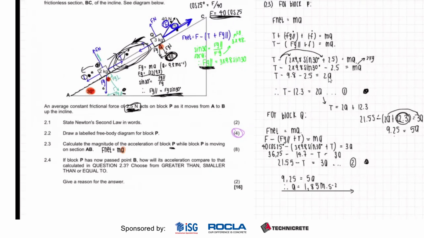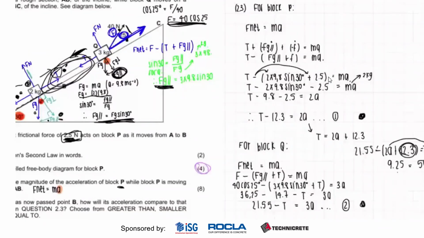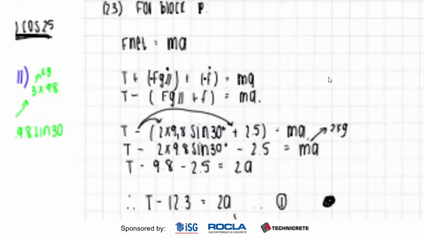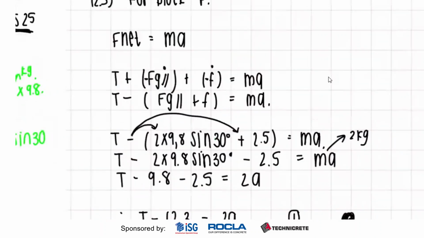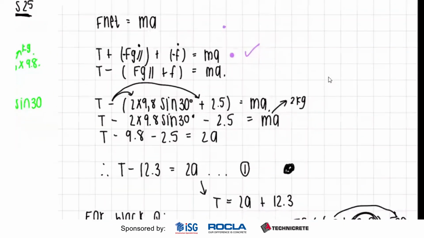Okay. And this question is worth a whole entire 8 marks. So where we're going to get the 8 marks is by saying either F net equals MA or this. 1 mark, another mark here for substituting in, no, 3 marks actually, 1, 2, 3.